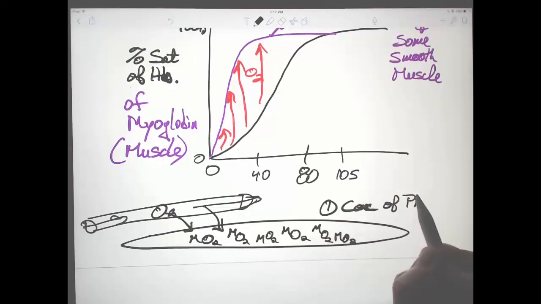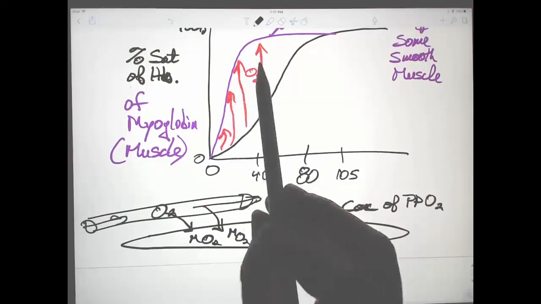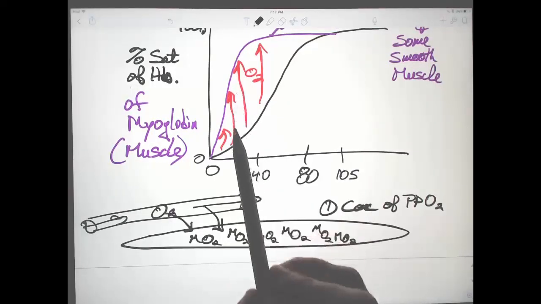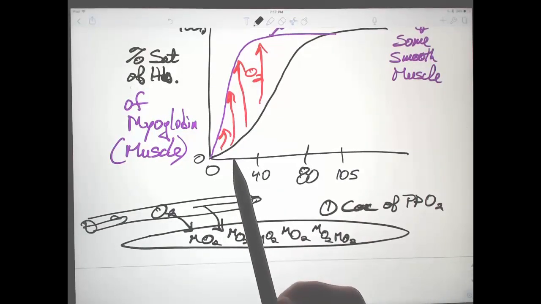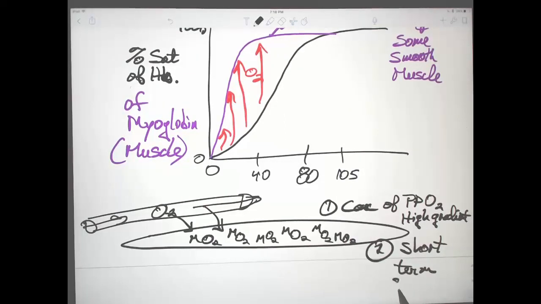One, concentration gradient for partial pressure of oxygen, because even when this muscle fiber has a lot of oxygen bound to myoglobin, it'll pull out most of the oxygen and store it even when the partial pressure of oxygen is only 20. It maintains a low partial pressure, a high gradient, favoring oxygen movement into the muscle fiber. And two, it's a short-term storage of oxygen.